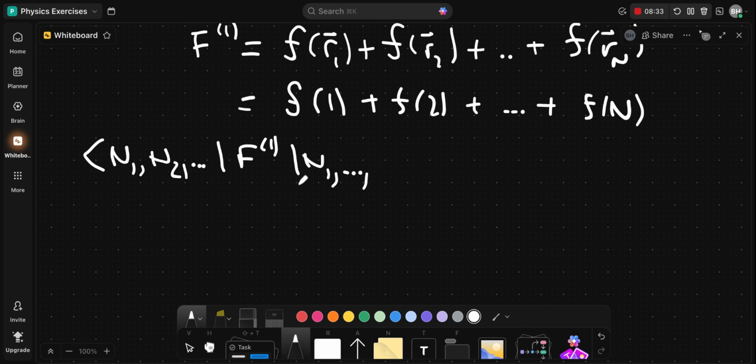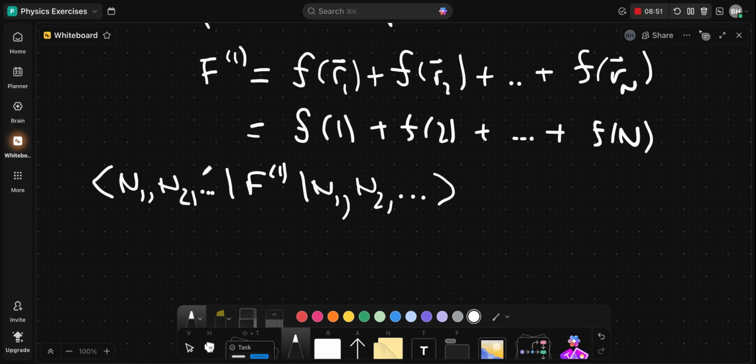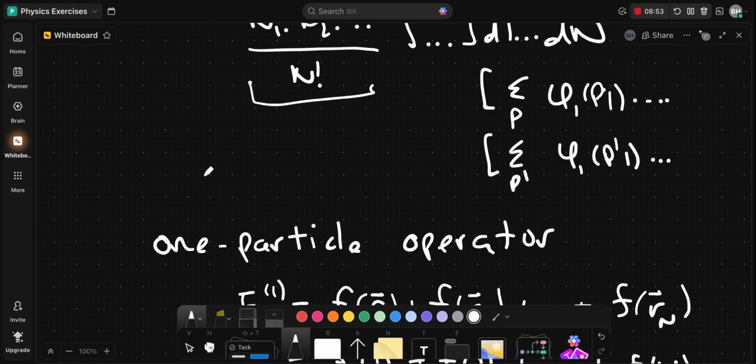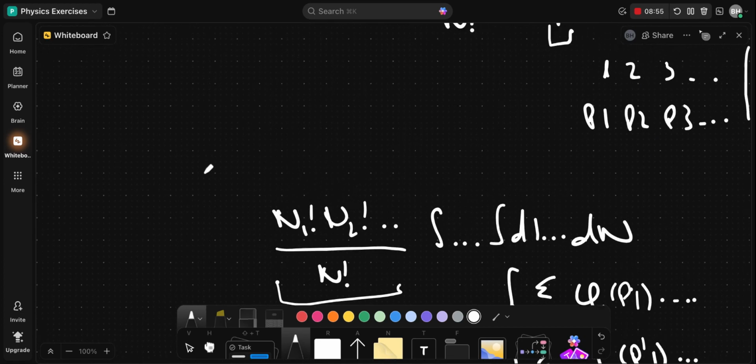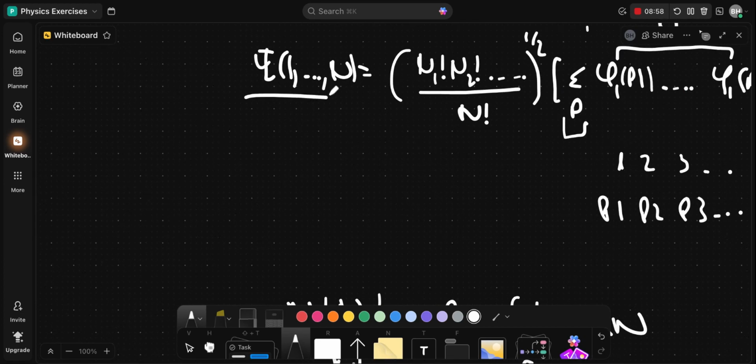Sorry, I meant to write an n2 but I forgot. So I have n1 comma n2 comma, and so forth. Now we know what this wave function looks like. It's the same wave function, albeit in a different notation, as this psi here. This is the bracket notation for this wave function.